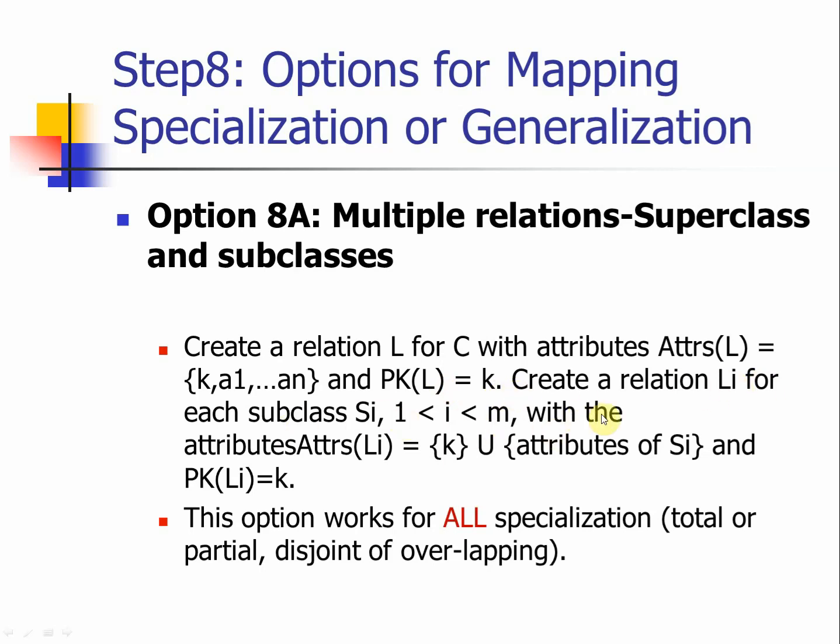When we're doing that, the attributes of Li equal K union with all attributes of Si, and the primary key is K. This option will work for all situations. So this is actually a very good choice that we can have: create multiple relations with superclass and subclasses.